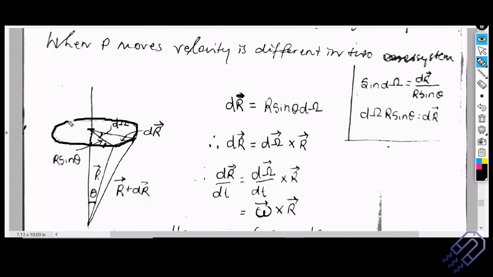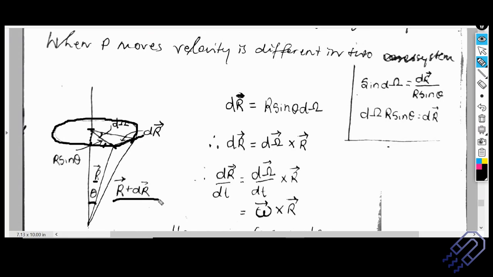There are different parameters that can be derived from here. Let's say at any particular point, the position vector is capital R, and the angle that it makes with this fixed axis is theta. After a time, it goes to this new position, and the position vector is now r bar plus dr bar.